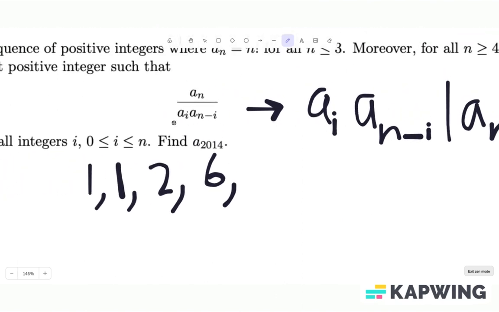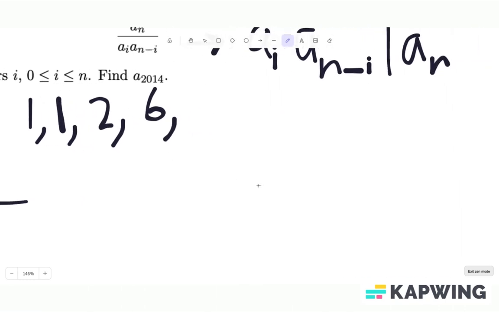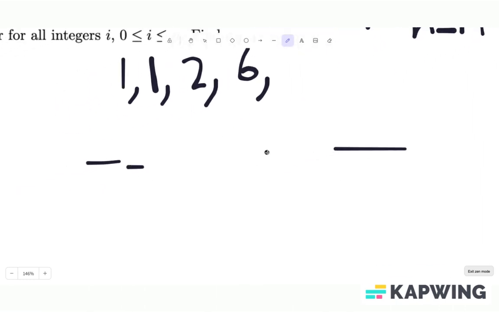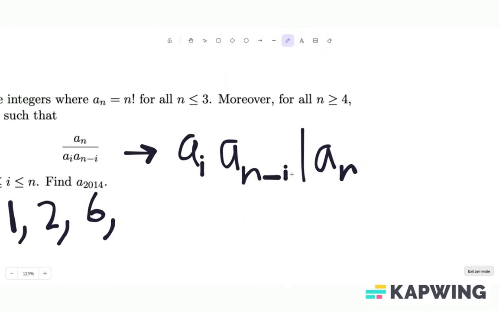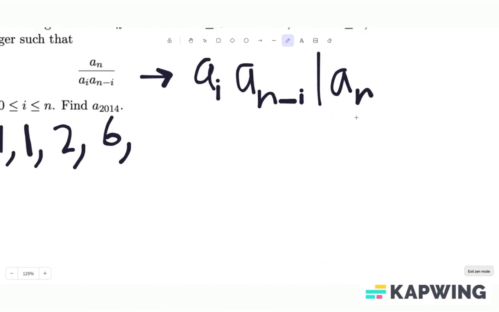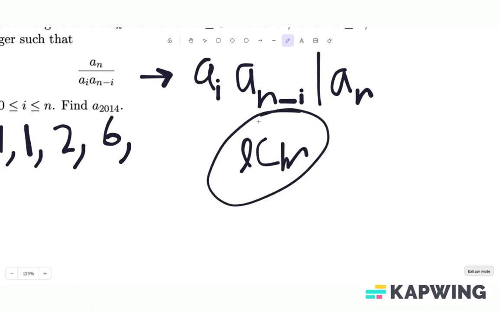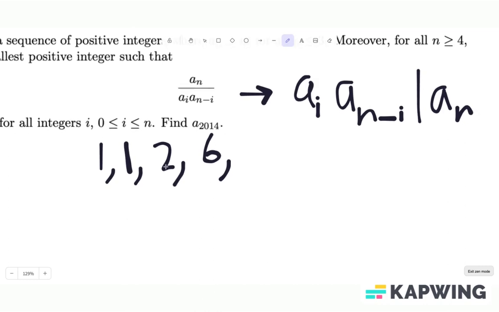It basically goes inwards because it's I and n minus I. You're taking the product of these two terms, and if they all divide a sub n, that means a sub n has to be the LCM, the least common multiple, of all of these products. That's the most important thing to note.